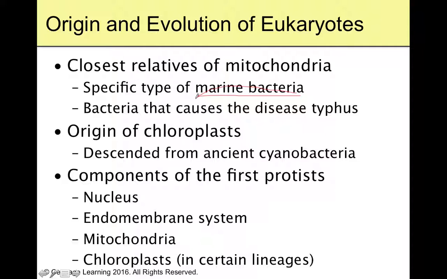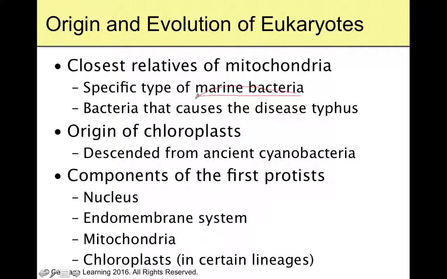Rickettsia prowazekii, which causes the disease typhus, has a genome that's very similar to that of some mitochondria. And so we think this Rickettsia bacterium's genome looks a lot like mitochondria, so maybe their ancestor was the one who hitched a ride into that first cell and went on to become the modern day mitochondria.